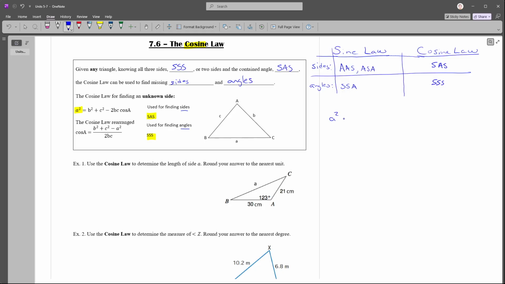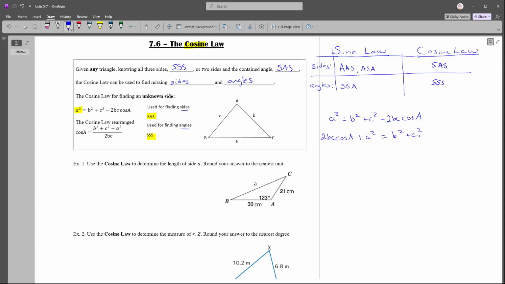If I have a squared is equal to b squared plus c squared minus 2bc cos A, you'll see that this piece is being subtracted. So if I add it to both sides, then what I end up with is 2bc cos A added to a squared, which is equal to b squared plus c squared on the other side.